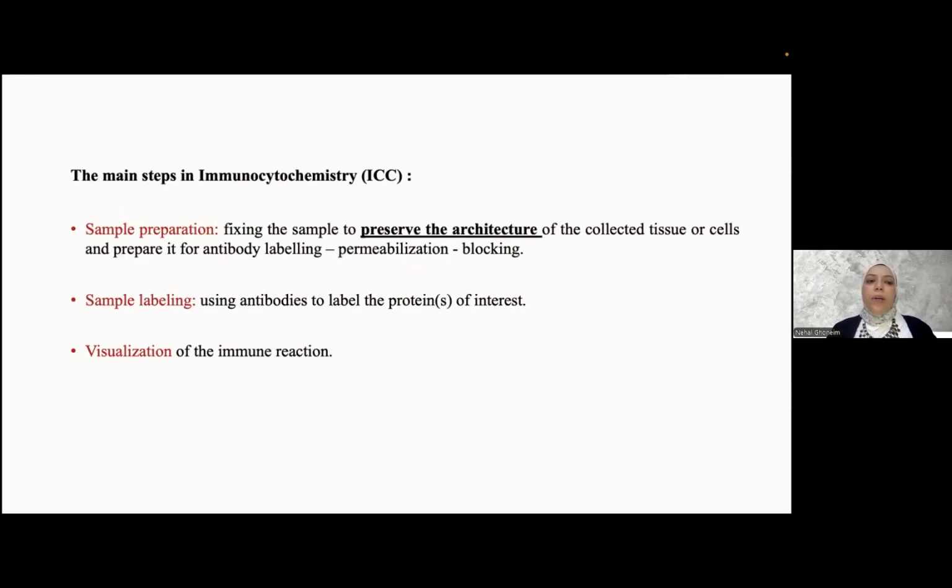So, at first, the sample preparation: fixing the sample to preserve the architecture of the collected tissue or the cells, and preparing it for antibody labeling, permeabilization, and further steps like blocking. And then sample labeling using the antibodies and visualization of immune reactions. These are the main steps.